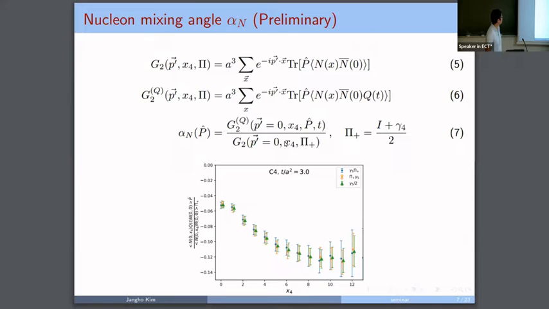For the denominator, we choose the unpolarized projector, and for the numerator, I show the results for 3 projectors: blue is gamma 5 pi plus, yellow is gamma pi plus gamma 5, and green is just the average of these two. They are all consistent, and we use the green data for our analysis.